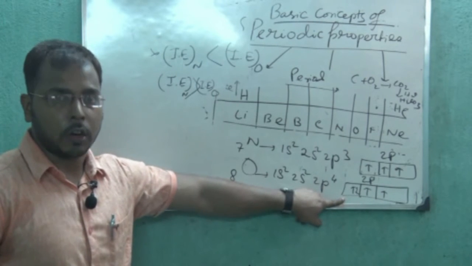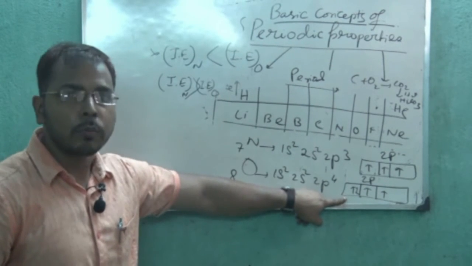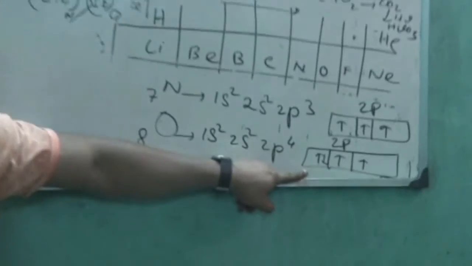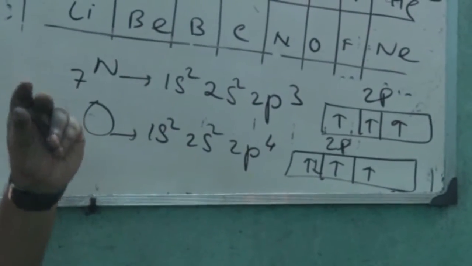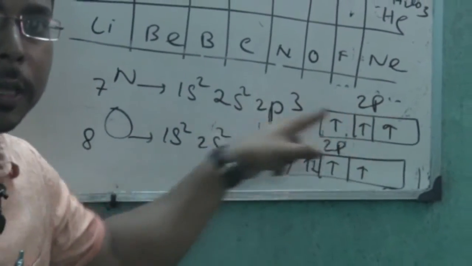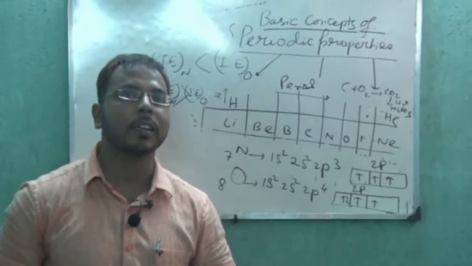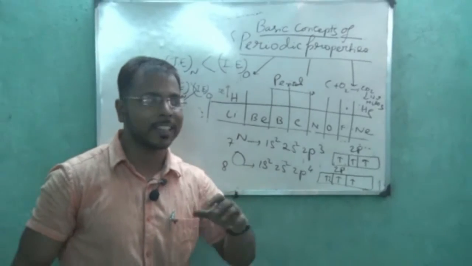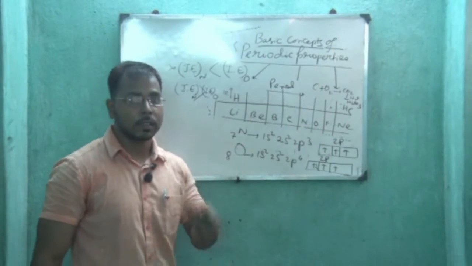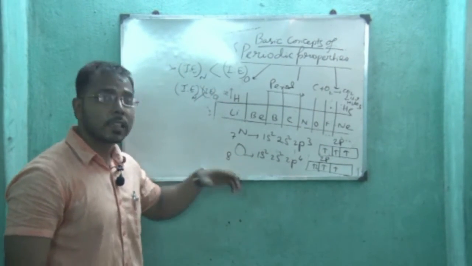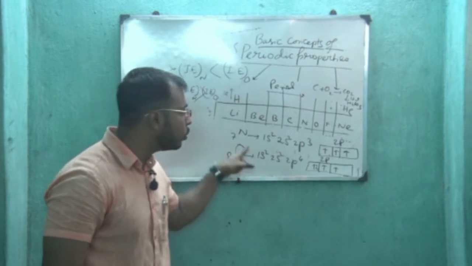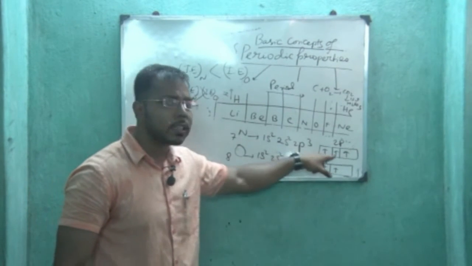So here repulsion occurs, because in one subshell, two electrons are there. We know from Hund's rule that fully filled and half filled orbitals are more stable than any other configurations. That is why oxygen has a tendency to lose an electron to be like nitrogen, but nitrogen is stable.